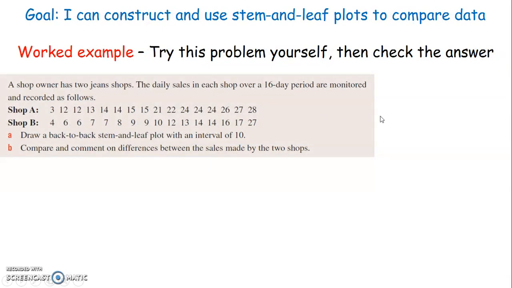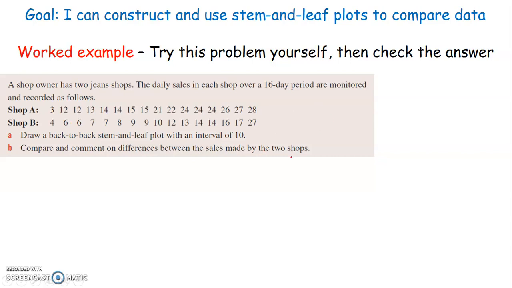Now moving on to the next example here. We've got two shops, and we have to draw a back-to-back stem and leaf plot with an interval of 10. Now what that means is, we can see here that we have anywhere from 3 up to 28.